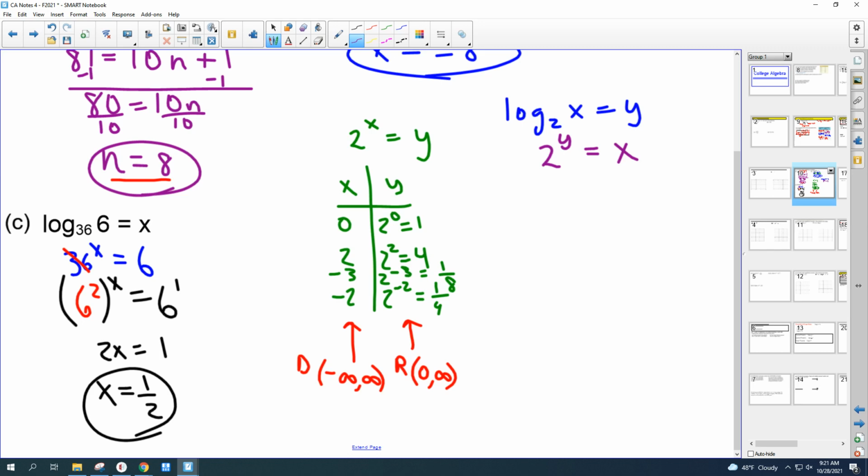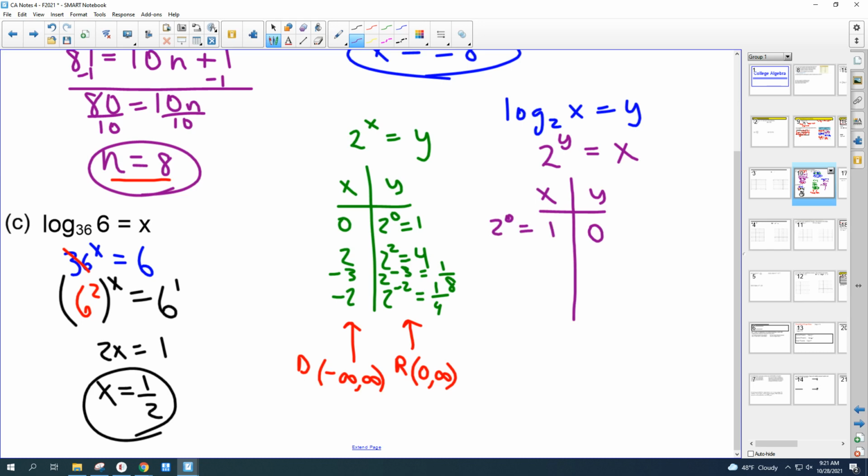And so we're going to do it the same way, except it's weird that your x and y have switched. When I do my table, I'm actually going to plug numbers in for the y here. I might plug in 0 for y, and that's going to make x equal 1.